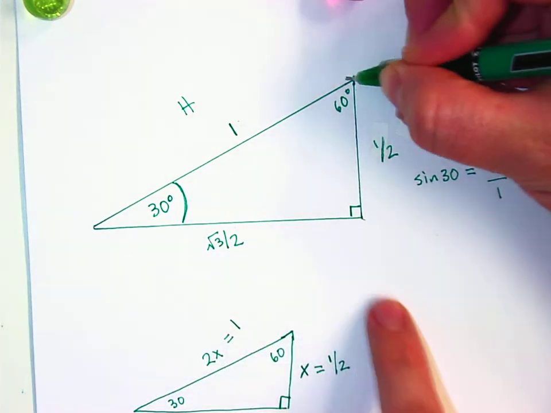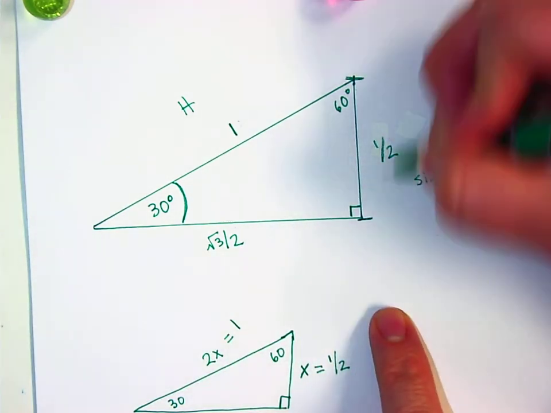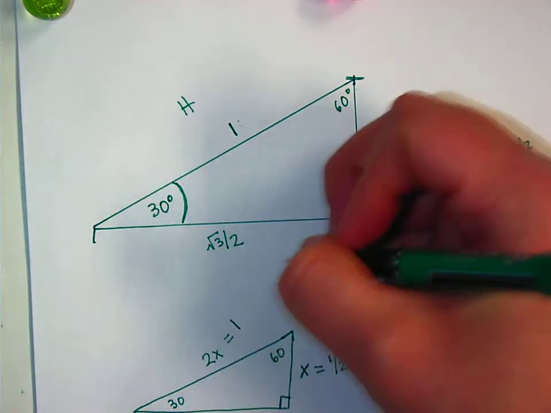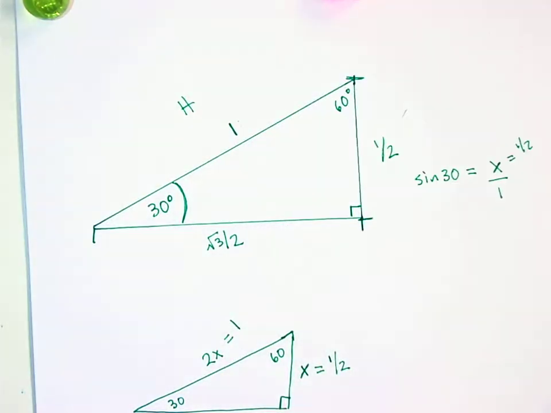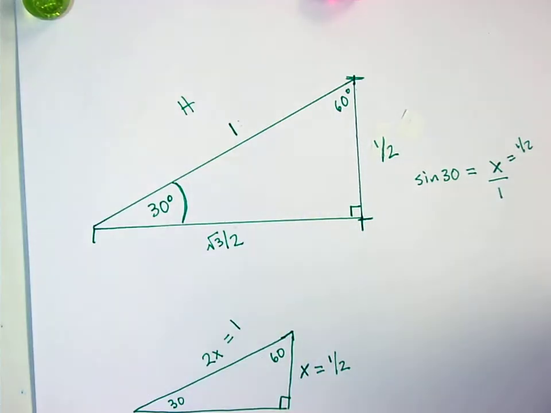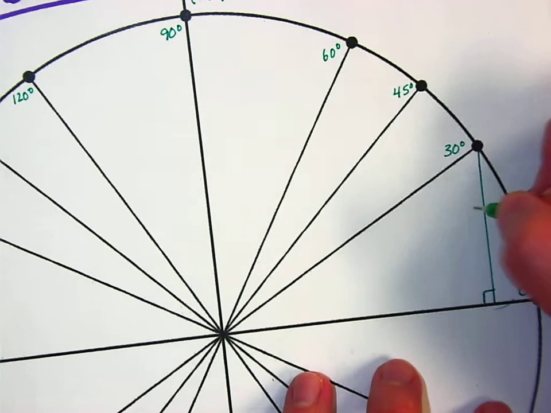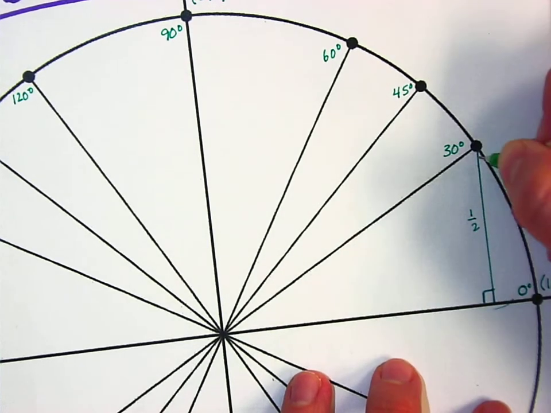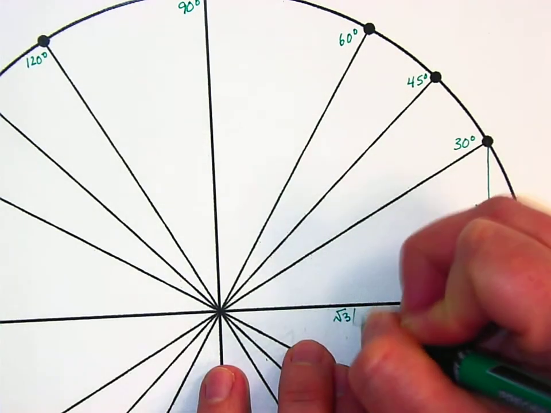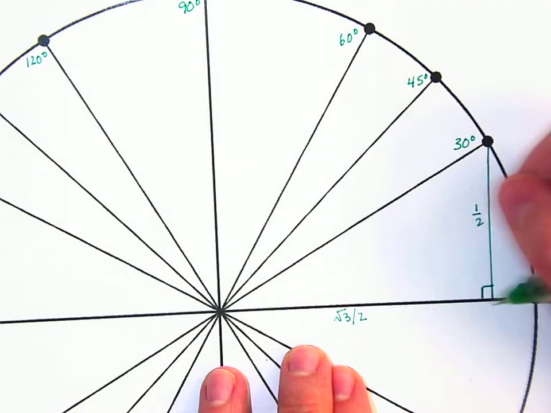So this y distance is 1/2, and this x distance going across is the square root of 3 over 2. So if I was to write it, I'm going to write it on this unit circle. Don't you write it, okay? I want your unit circle to be pristine. I'm going to wipe mine out in just a second. But to help you understand, this distance right here is 1/2. And then this distance under here is the square root of 3 over 2, right here.